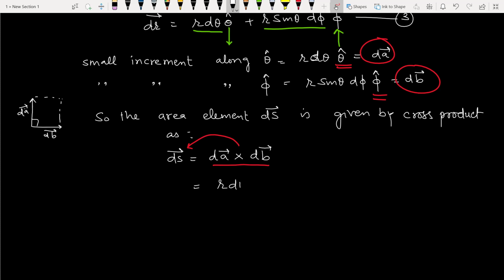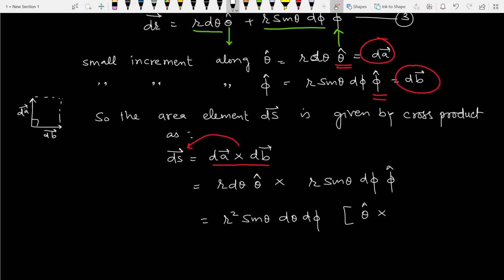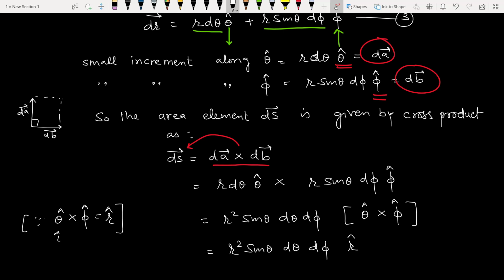So it is r d theta theta cap cross r sin theta d phi phi cap, which is r square sin theta d theta d phi, theta cap cross phi cap, and that is r cap, similar to i cross j equal to k cap.